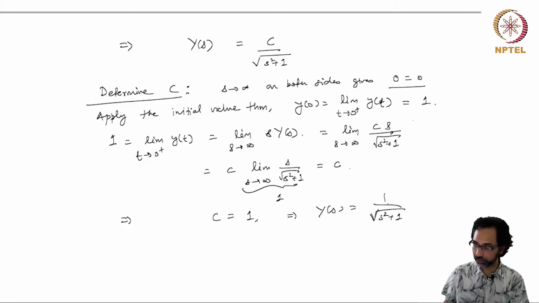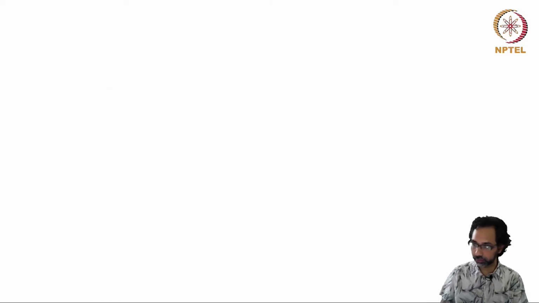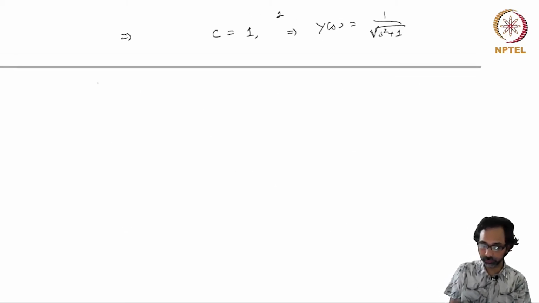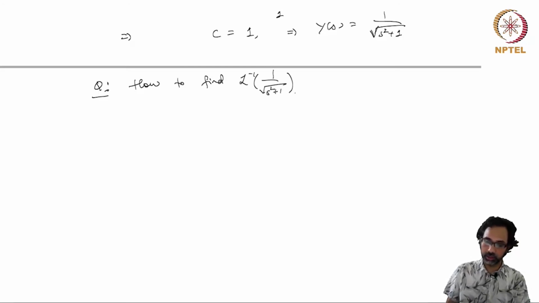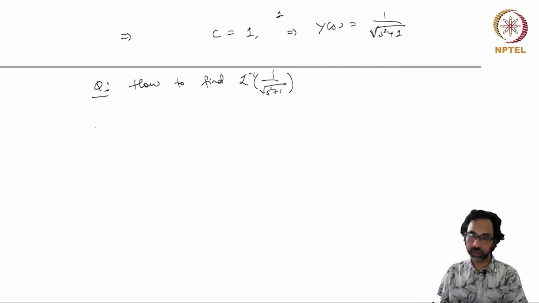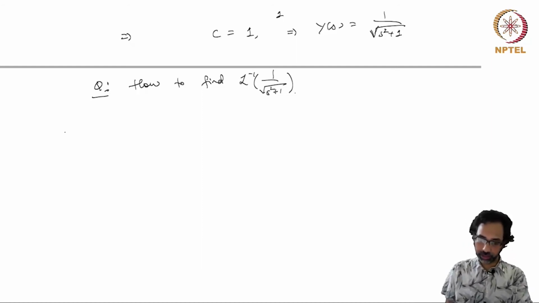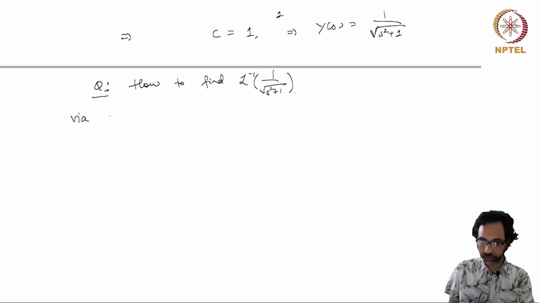So now the question comes how to invert this kind of function. The question is how to find L inverse of 1 over square root of s squared plus 1. One way which we didn't cover before is via infinite series.